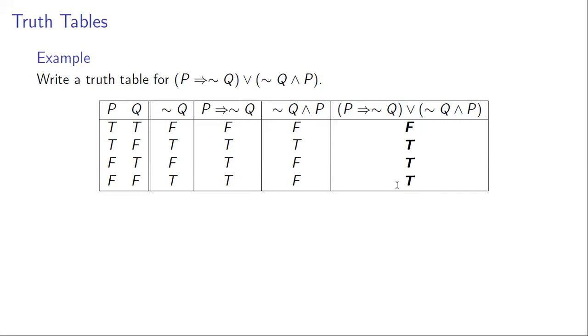So what does this truth table tell us? Well, it tells us that, for example, in a case where P is true and Q is false, the value of this entire thing is going to be true, as we see here.